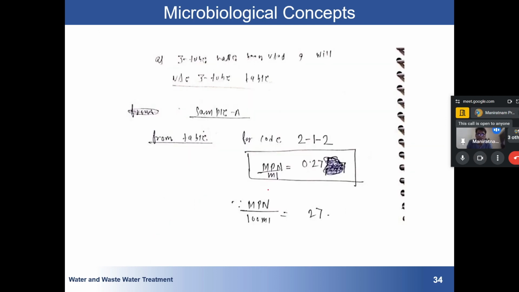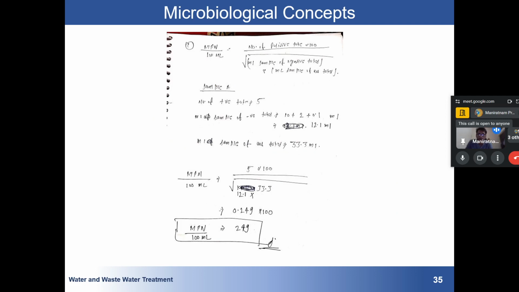The second method is the use of formula: number of positive tubes into 100 divided by the square root of the product of volumes. From here you can see that we are getting MPN per 100 ml equal to 249.